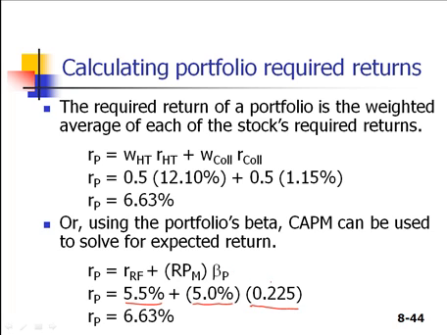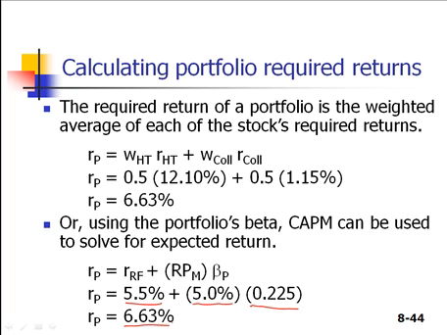Since we now know the portfolio's beta, it's not a big problem at all. So 0.225 times 5%, and then add 5.5%, and we get the required return on the portfolio. Same answer, 6.63%.